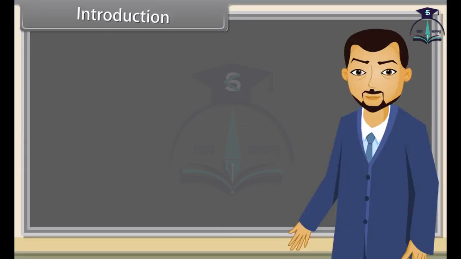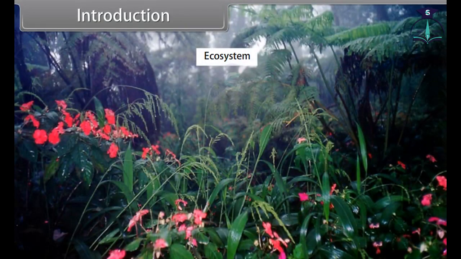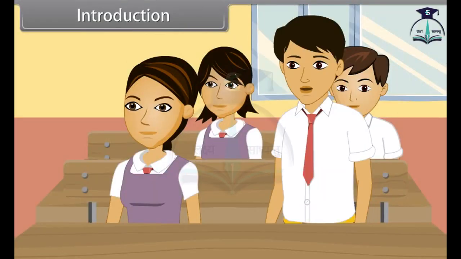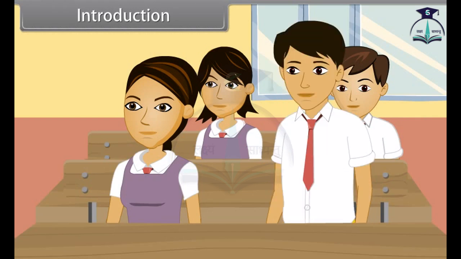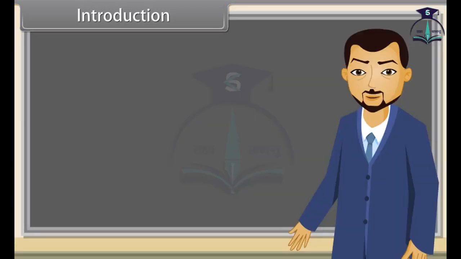Introduction. Students, today we will learn about ecosystem. Okay, teacher. Anybody knows what is an ecosystem? Yes, teacher. A system that includes biotic factors and abiotic factors functioning together as a unit. Very good.